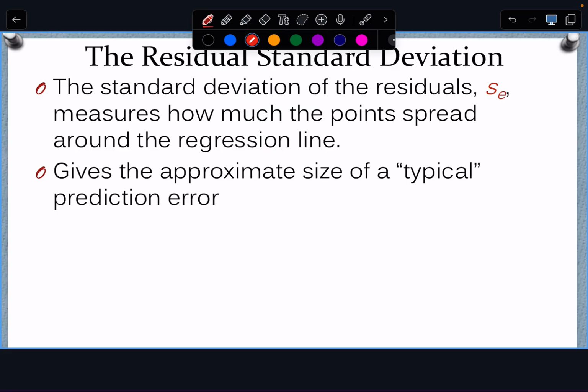So what residual standard deviation tells us is what the typical prediction error will be when using this model. So when I use my current regression line to predict values of y, my predictions will typically be off by whatever number that residual standard deviation is.